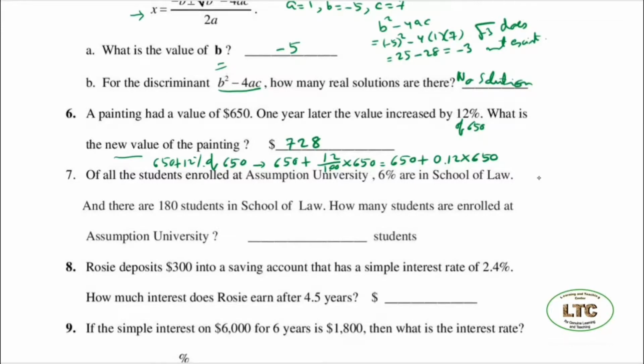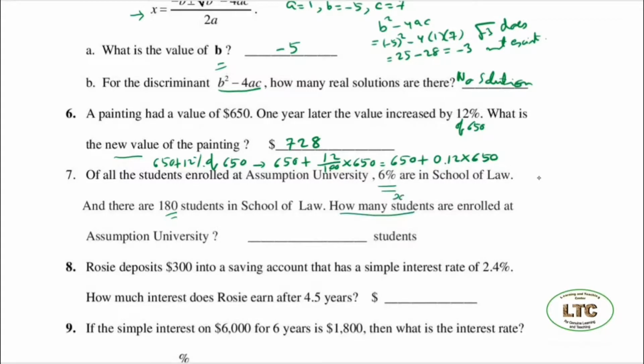7. Of all the students enrolled at Assumption University, 6% are in School of Law, and there are 180 students in School of Law. So 6% is equal to 180. How many students are enrolled at Assumption University? How many students?